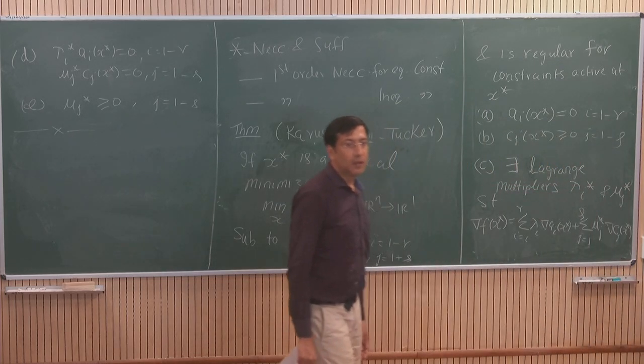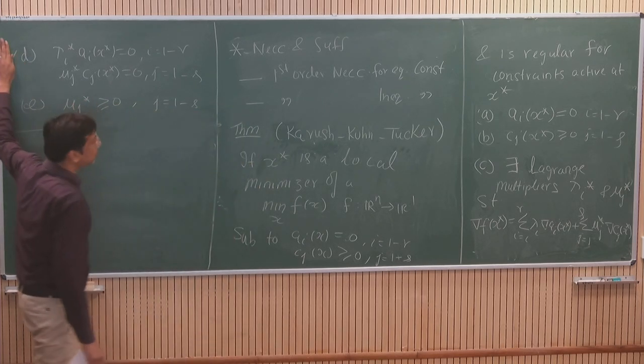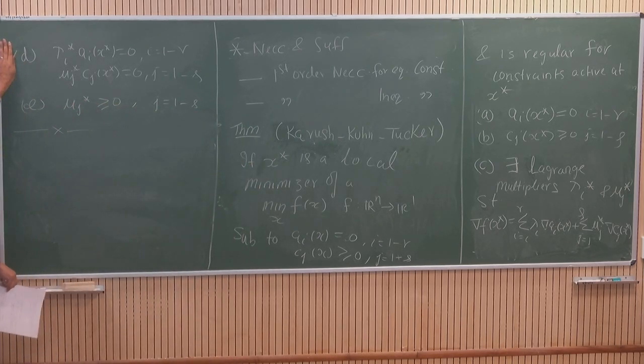The fourth is referred to as the complementarity condition. Complementarity means that there is a product or orthogonality between the vectors, so these products are 0. And the last is referred to as the non-negativity condition because there is a non-negativity requirement on the Lagrange multiplier corresponding to the inequality constraint.